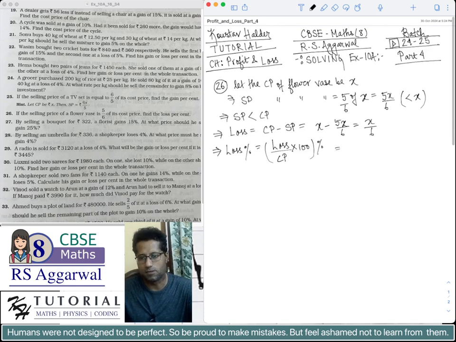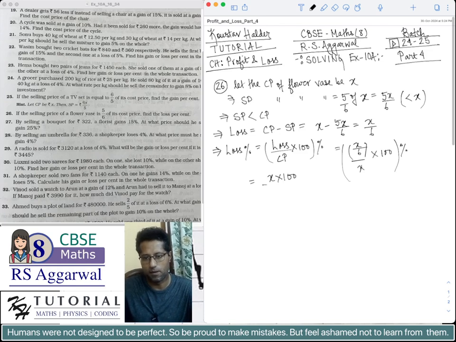So loss is x by 6, cost price is x as per our assumption, and this is multiplied by 100. This after simplification becomes x multiplied by 100 divided by 6 multiplied by x. So x cancels out and we have 100 by 6, which after simplification is 50 by 3.